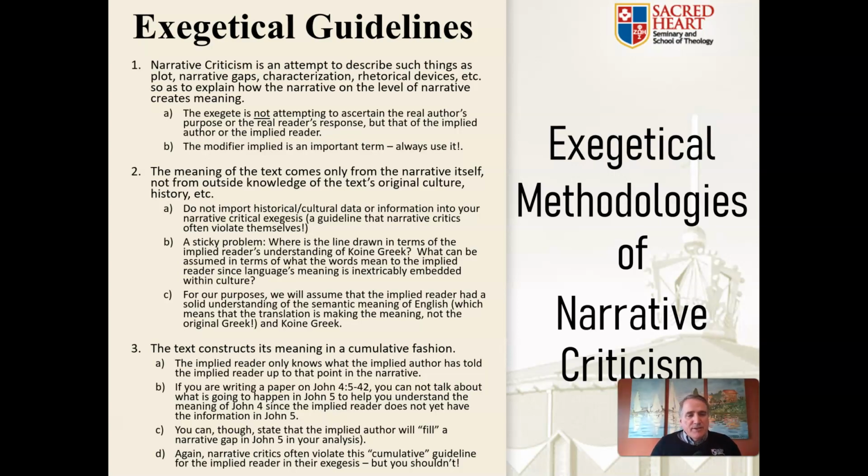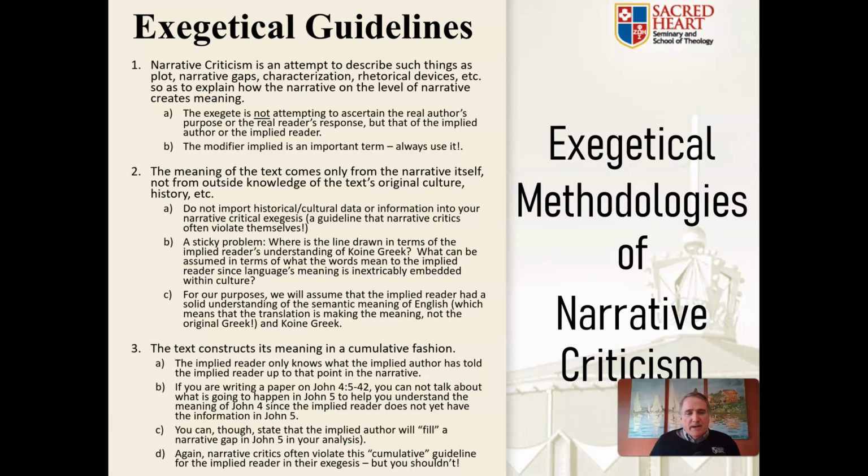Okay? Then the third exegetical guideline is that the text constructs its meaning in a cumulative fashion. I already gave an indication of that when I talked about the Samaritan woman. All the implied reader knows is what has been told to him or her, or it, probably better. I'd say the implied reader is an it. Told it from chapter 1, verse 1.